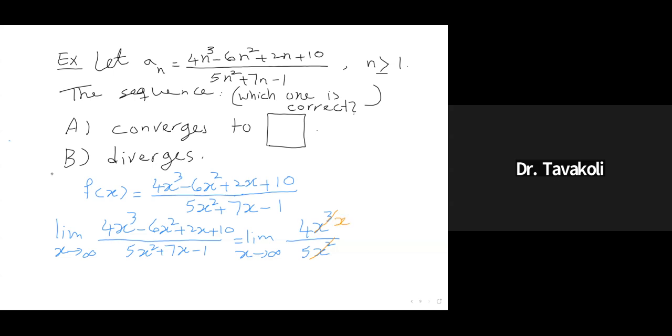So what I get here is the limit as x tends to infinity of 4x over 5. What is this limit? As x tends to infinity, 4 times infinity on the top is infinity, and infinity divided by 5 is still infinity. So the limit we got is infinity, which is not a finite number. So you should use choice B. It's a divergent sequence.